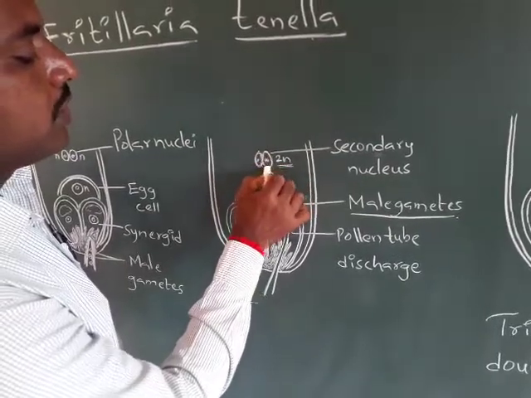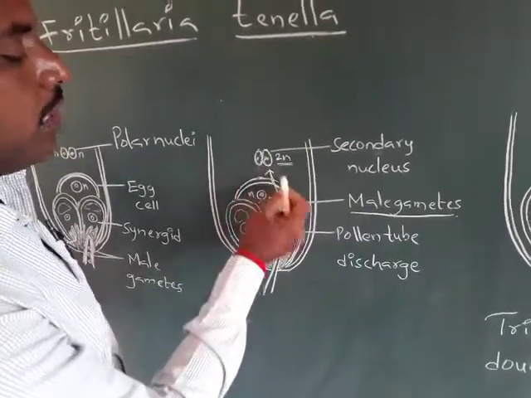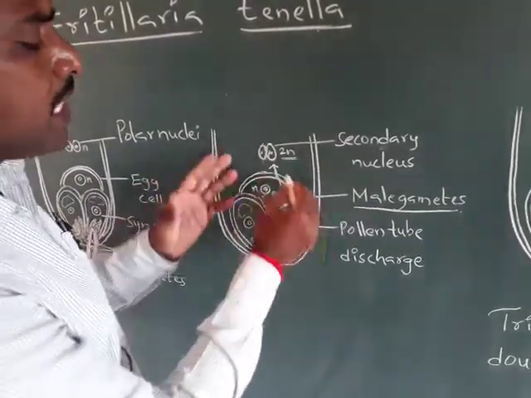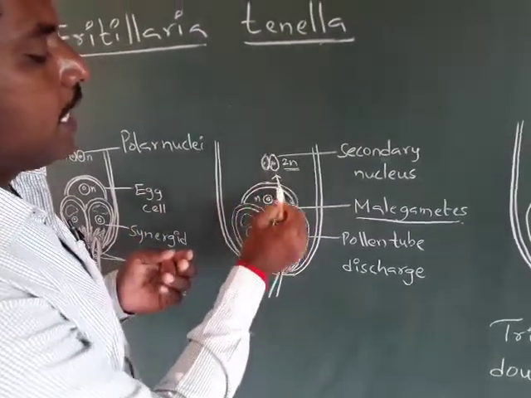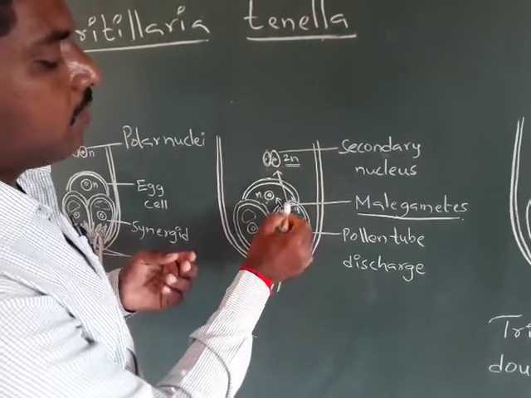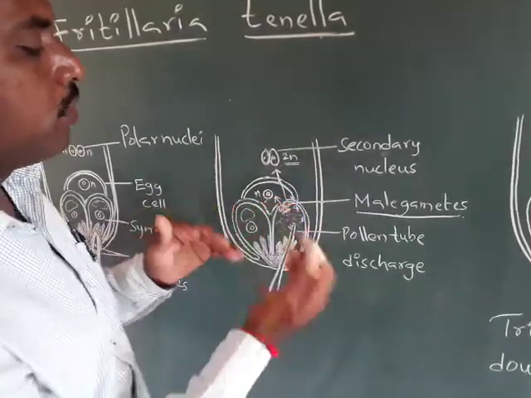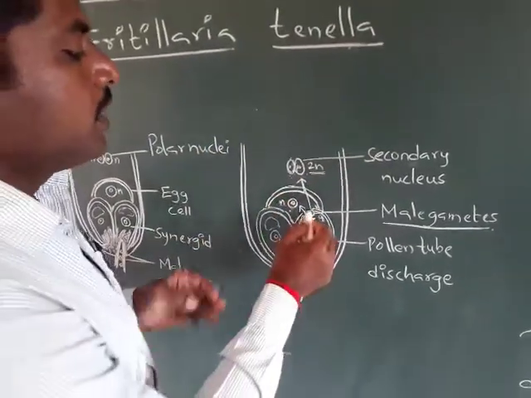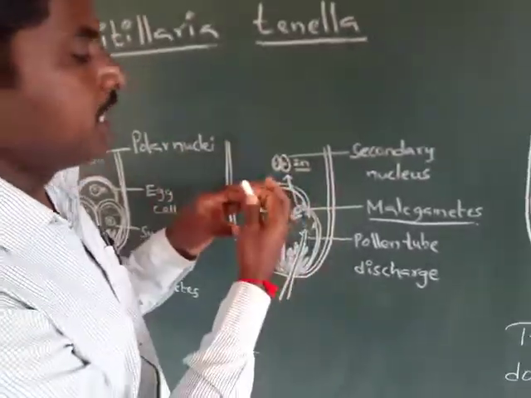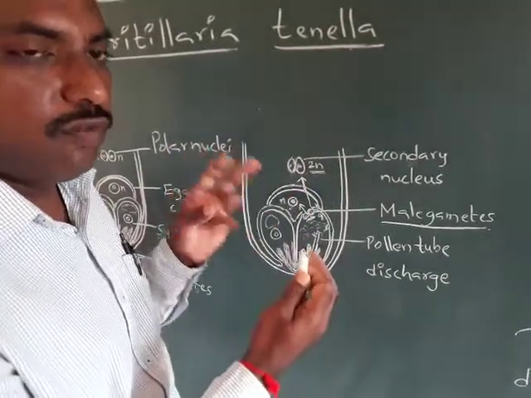This is called triple fusion, because one male gamete nucleus and two polar nuclei, three nuclei in all, are fused.